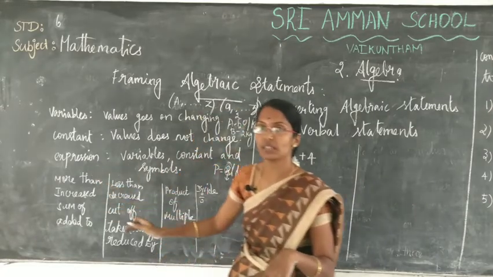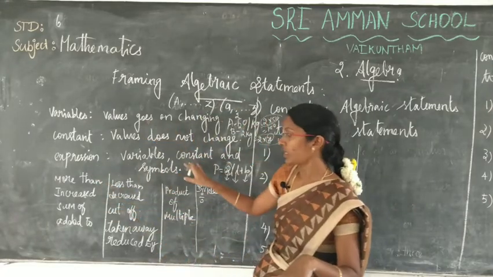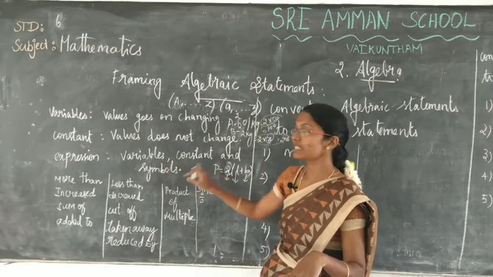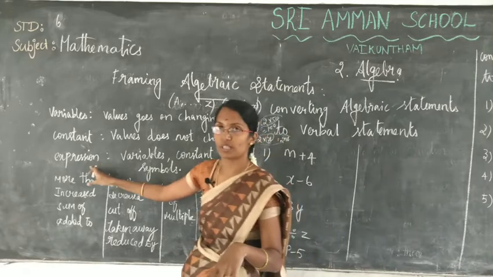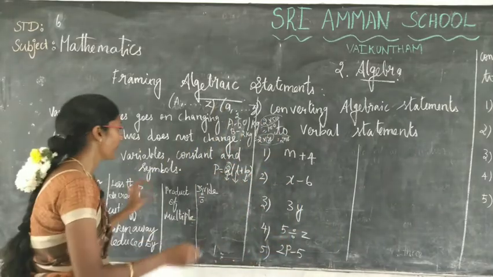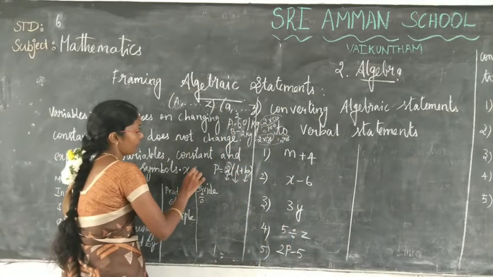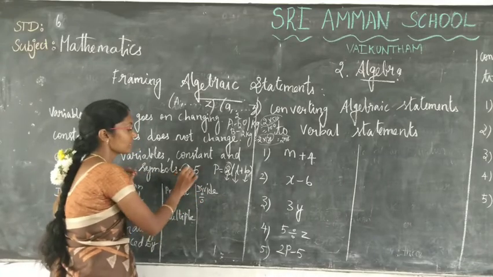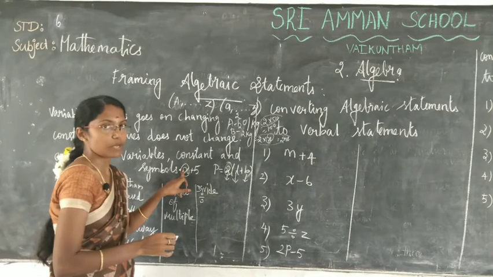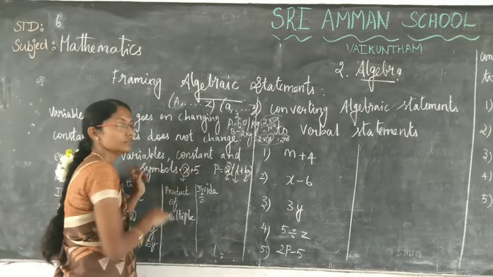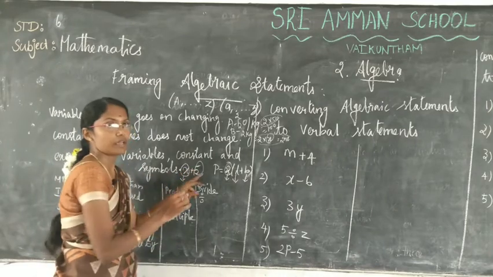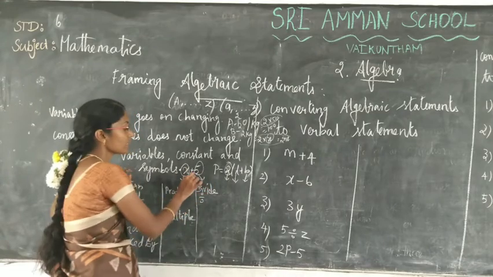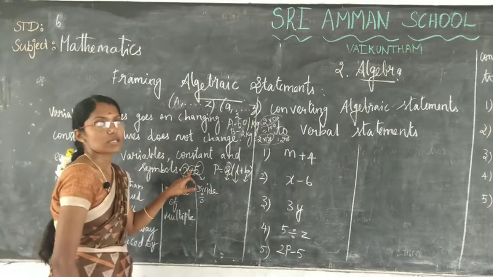What do you mean by expression? Variables, constants and symbols together are called an expression. For example, x plus 5. What is this x? It is a letter, so it belongs to variable. And what is this 5? It is a constant. It doesn't change here. Next, what is this plus? It is a symbol.